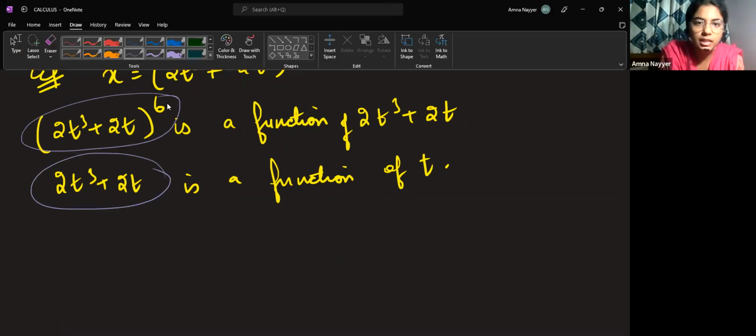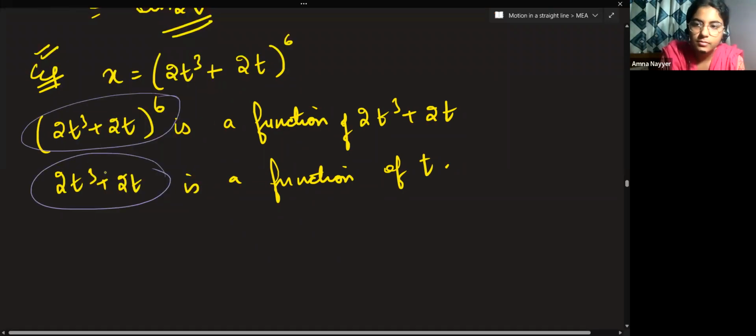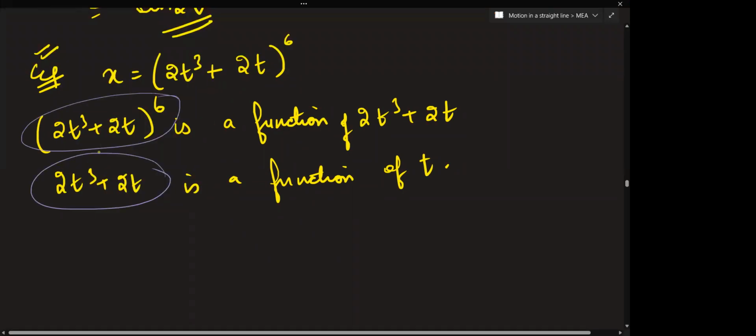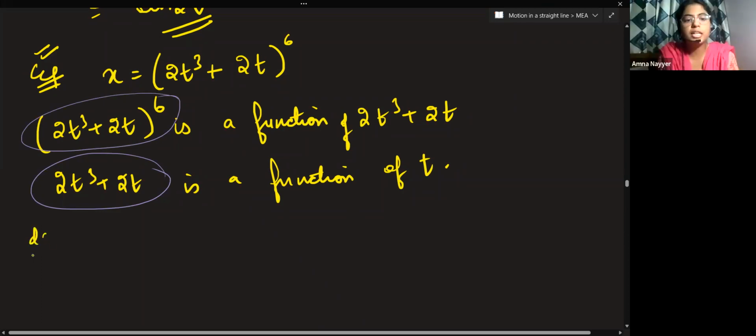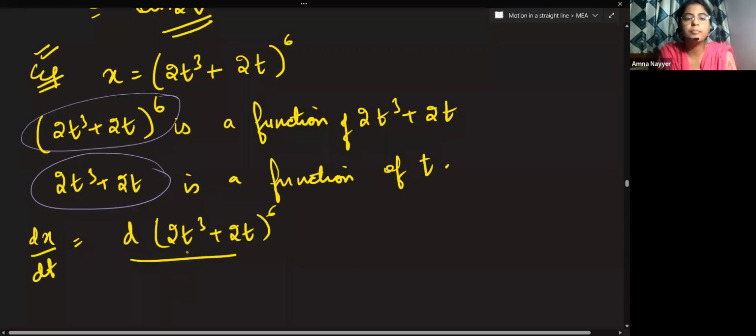First, tell me, is it clear till here? Yes, ma'am. All right. Now you have to differentiate dx over dt we are taking. So this will be d of (2t cube plus 2t) whole 6 over dt, multiplied by differentiation of 2t cube plus 2t.